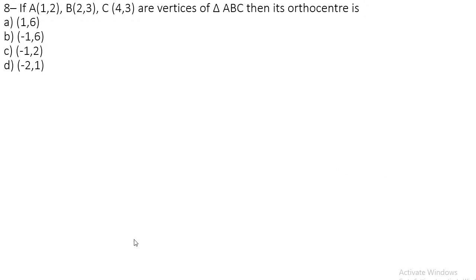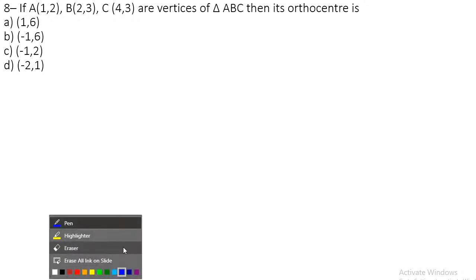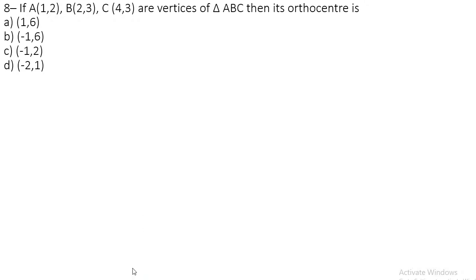Now if A 1 comma 2, B 2 comma 3 and C 4 comma 3 are the vertices of triangle ABC, then its orthocenter is? What is the formula for finding the orthocenter of a triangle? The formula is very simple: minus a into y1 minus y2 comma a into x1 minus x2.